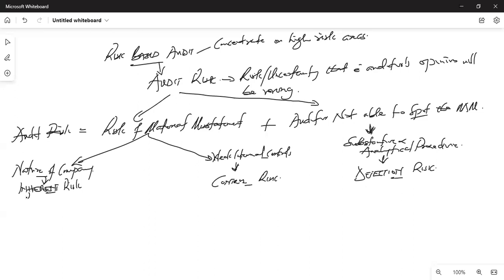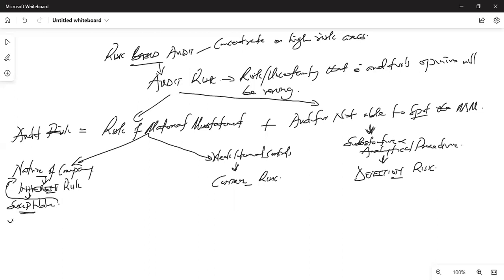Now, inherent risk is just telling us about the likelihood that, because of the nature of the company, there will be risk. So we are saying that the company is susceptible to risk because of the nature of the company. And because of that, transactions may be affected.